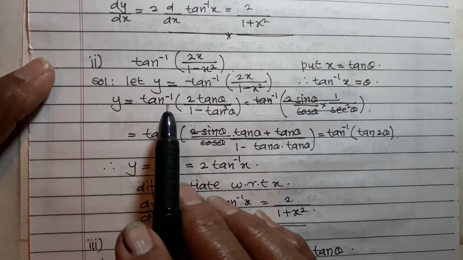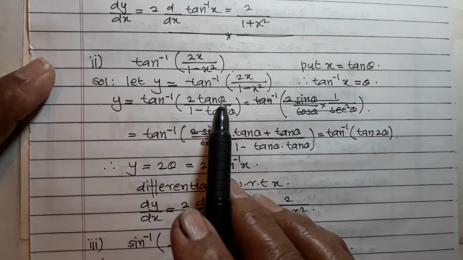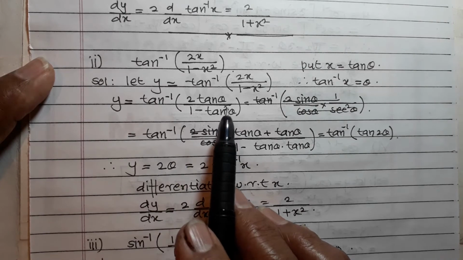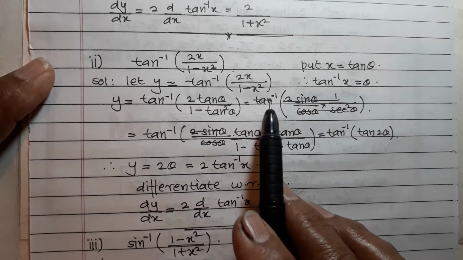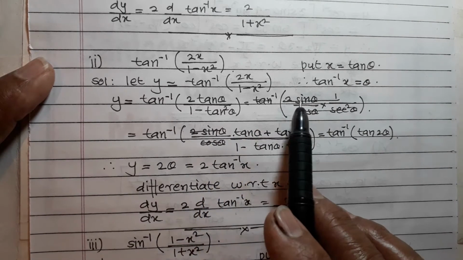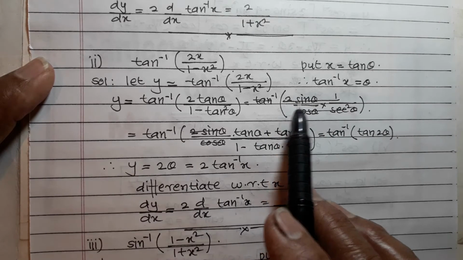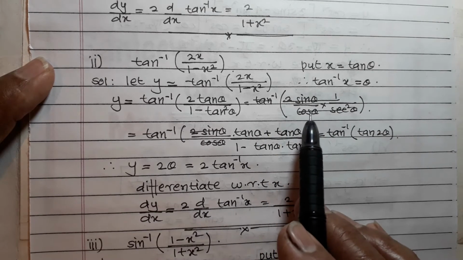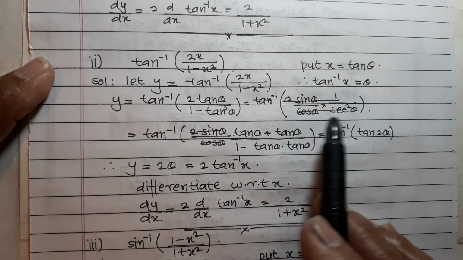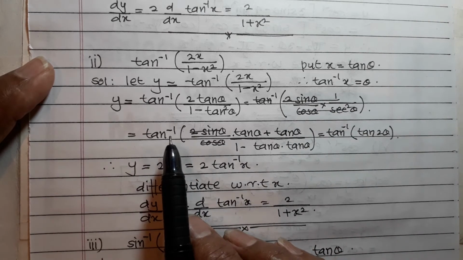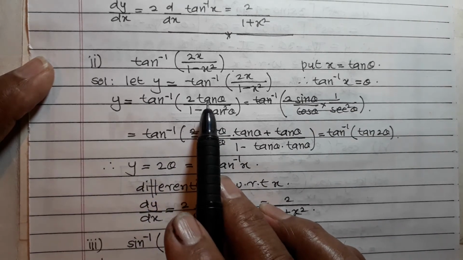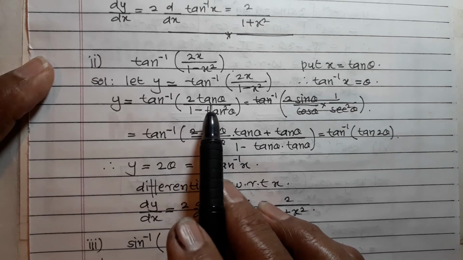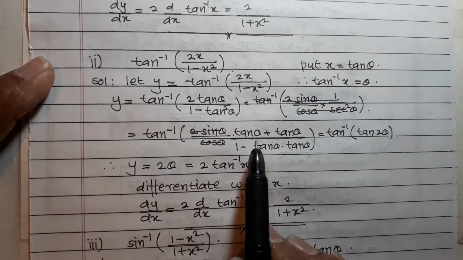Y is equal to tan inverse of 2 tan theta upon 1 minus tan square theta. Now this is a formula. Here you use the formula.